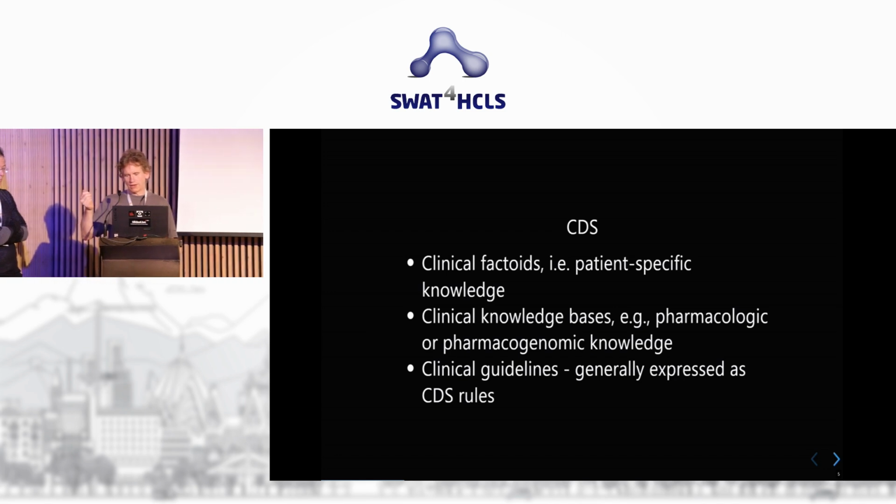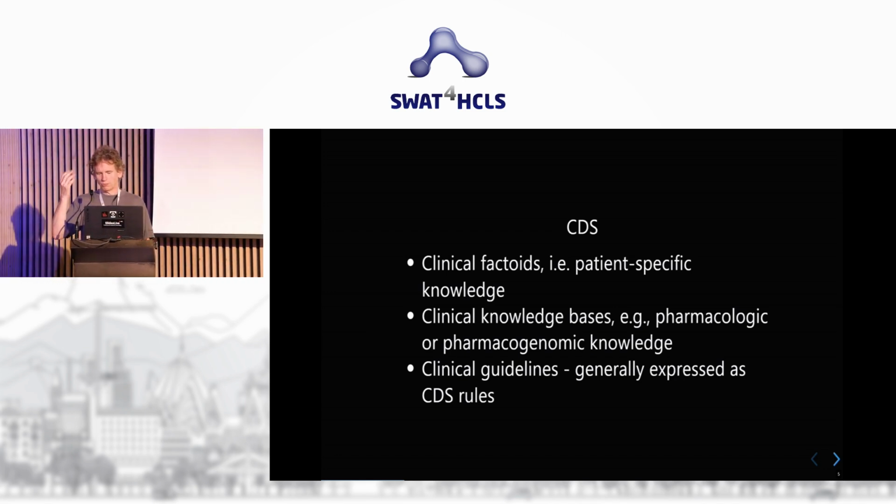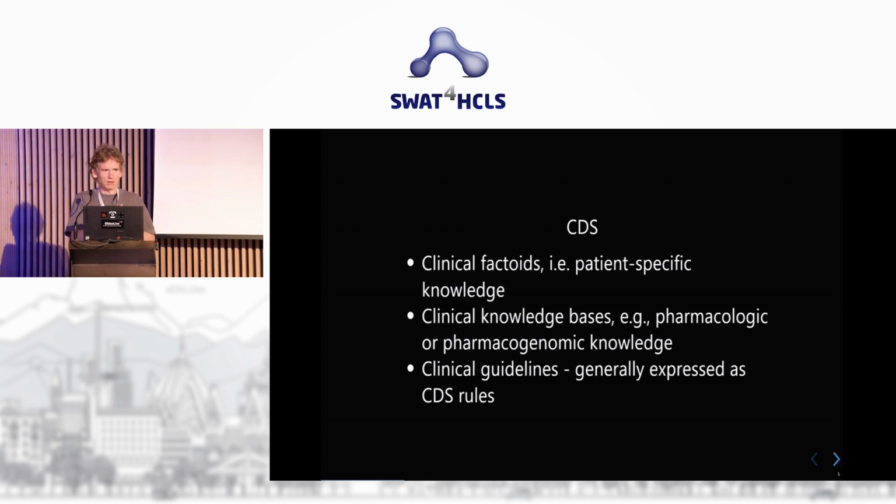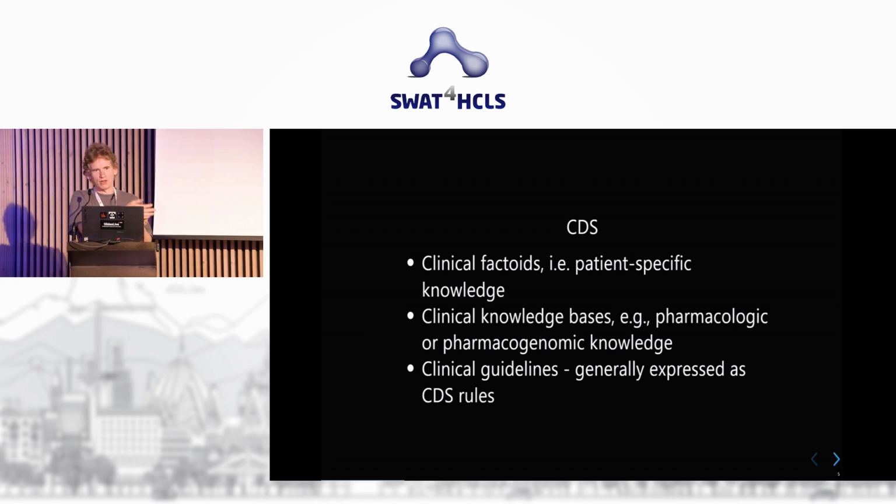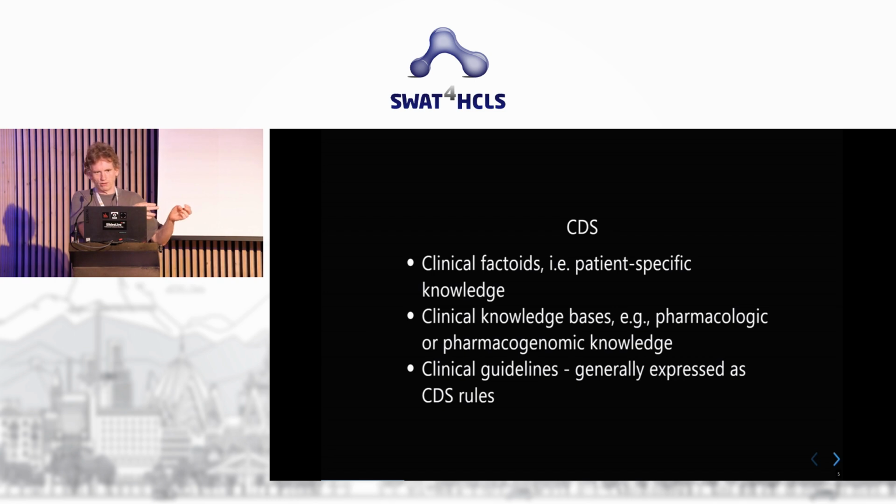And then there are clinical guidelines generally expressed as clinical decision support rules, which say if you see X, then do this, inject this life-saving drug into the person. But really, it's just either pester the physician or maybe make a medication request that the physician gets to approve.